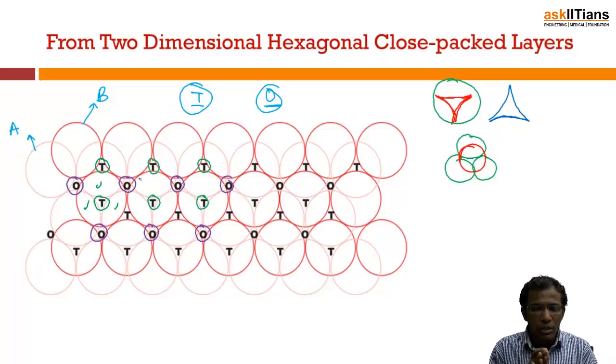So I hope that it is clear to you. The tetrahedral void is formed by four spheres, three belong to one layer and one sphere will be above or below. Now let's go to octahedral voids. Octahedral voids are not so complicated, they are also easy, but let's see how an octahedral void is formed.